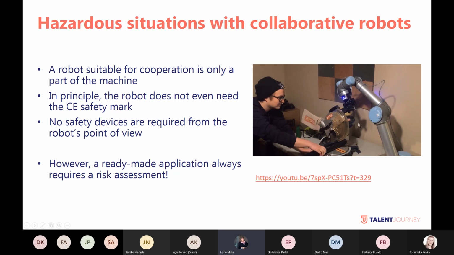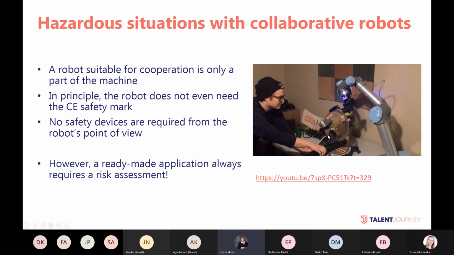Just look at that picture. We can clearly identify a universal robot, a collaborative robot from Universal Robots. But what does it do? It uses a table saw, and this person here holds a pipe to be cut with this table saw.